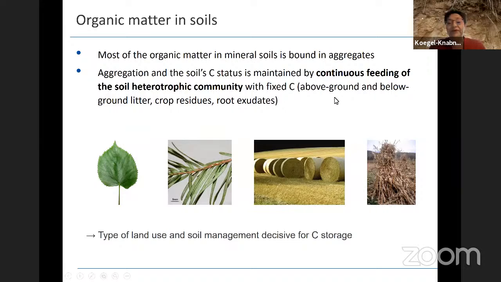And as we had pointed out, this is above ground and below ground litter, crop residues, and root exudates. And this means the type of land use and soil management is really decisive for carbon storage. How much organic matter we add to the soil and where it enters the soil.